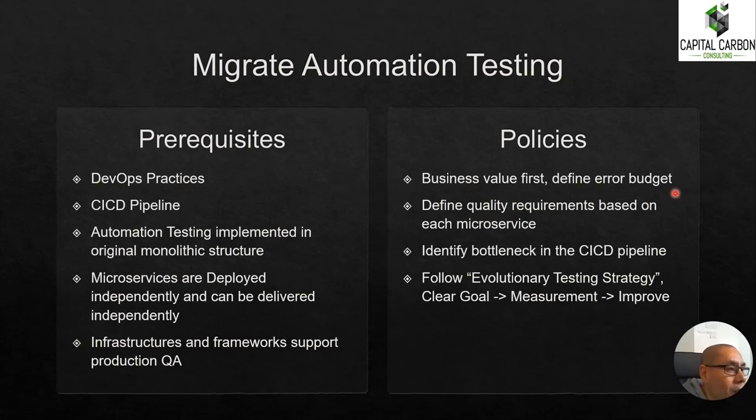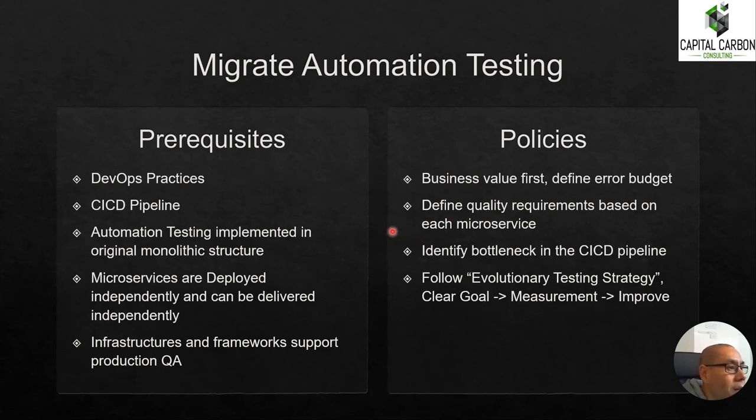The first thing, they need to identify the business value. They need to identify which microservices are most important to them, which microservice they need 5.9 availability for, and which microservices they need to run 100 instances of in production. So that's all the business value behind.